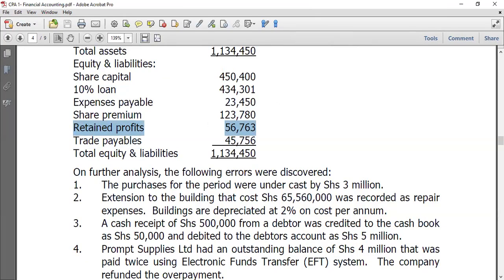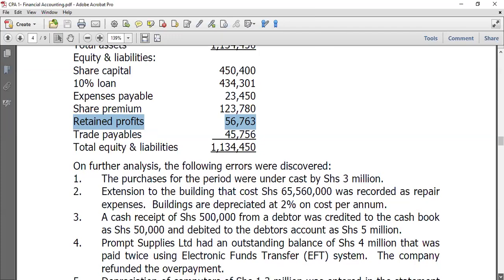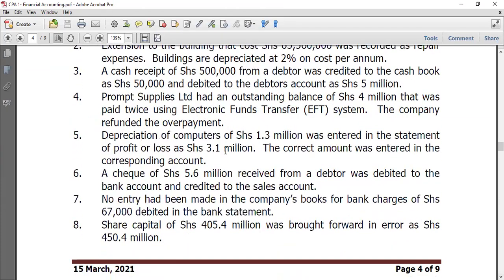We are not adjusting our depreciation here, but rather our P&L where we took a wrong figure. That's why I'm not bringing a depreciation account into this transaction. Our depreciation account was okay. It's just that when we entered the statement of P&L, we entered the wrong figure. So that is what you need to know.